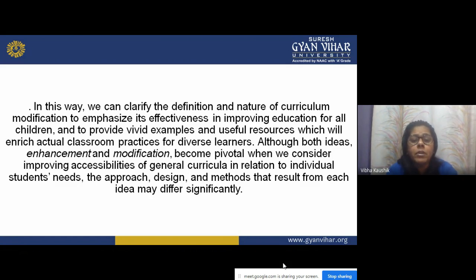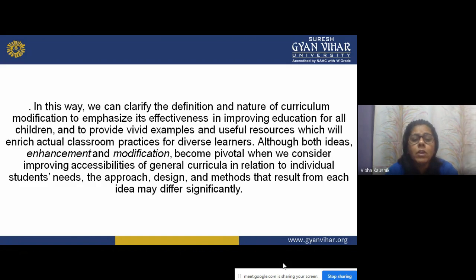Both ideas, enhancement of the curriculum and modification of the curriculum, become pivotal when we consider improving accessibility of the general curriculum.